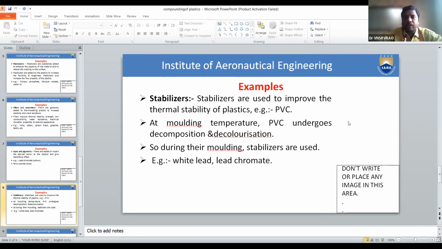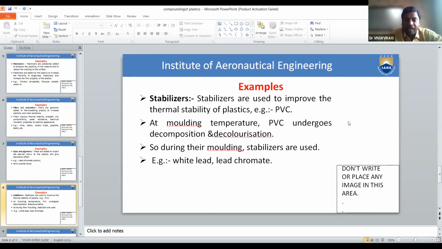And the last category is the stabilizers. Stabilizers are used to improve the thermal stability of plastics, especially in the case of PVC, polyvinyl chloride. Why? Because PVC is mostly used for domestic purposes, for electrical wiring and water pipes. For molding, very high temperature is applied.